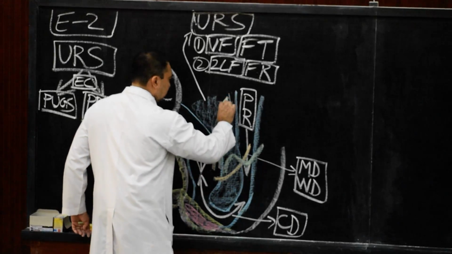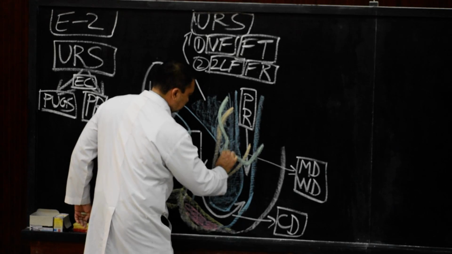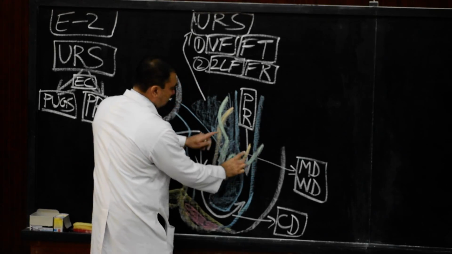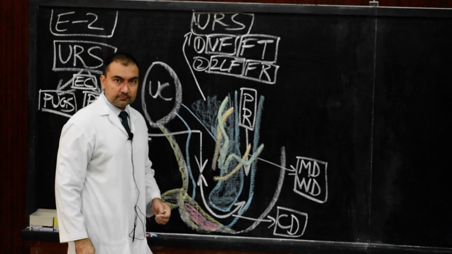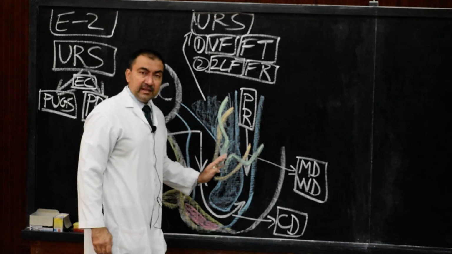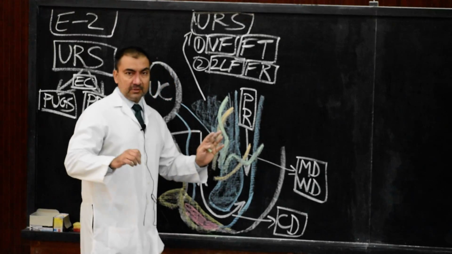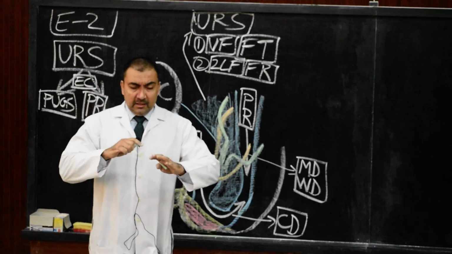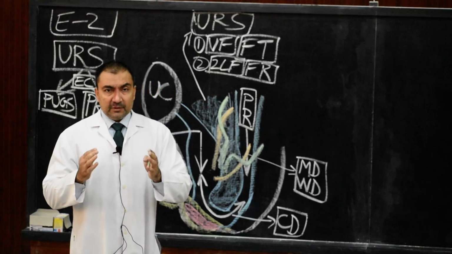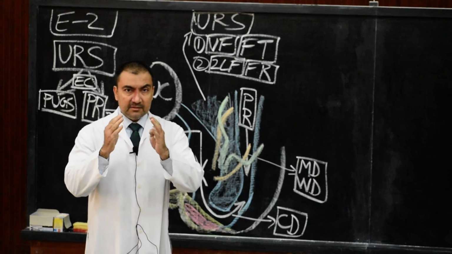The two paramesonephric ducts, right and left side, are crossing the two mesonephric ducts, and therefore they will cross ventral and they will lie medial to the mesonephric ducts. So therefore, in urorectal septum, the question can be asked in MCQ or in one mark question answer: what are the structures present in urorectal septum?